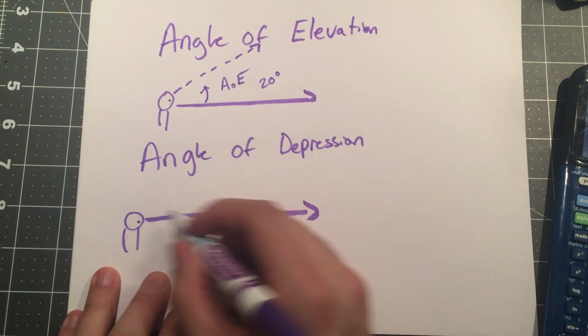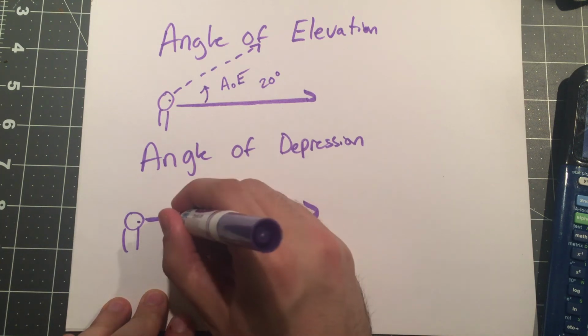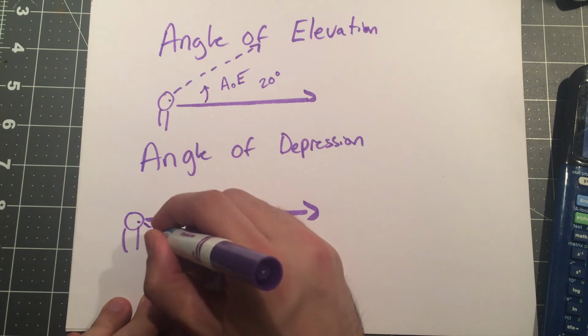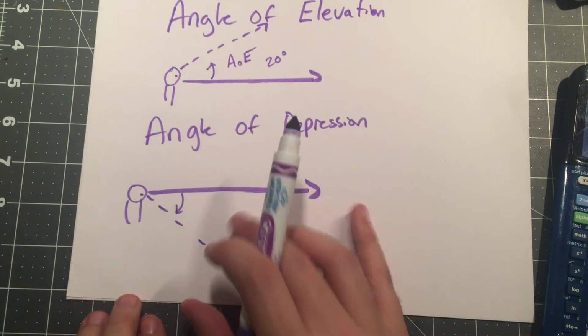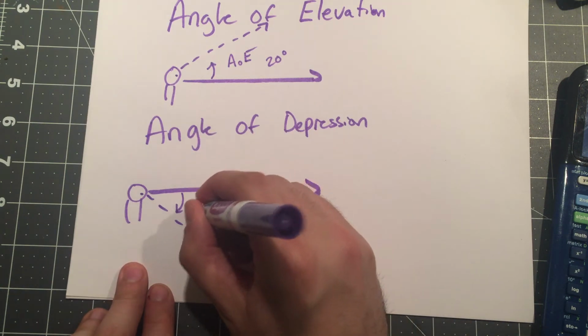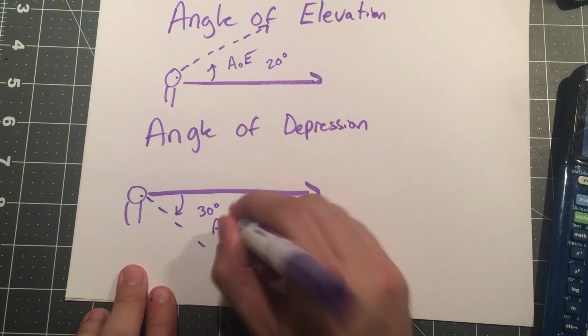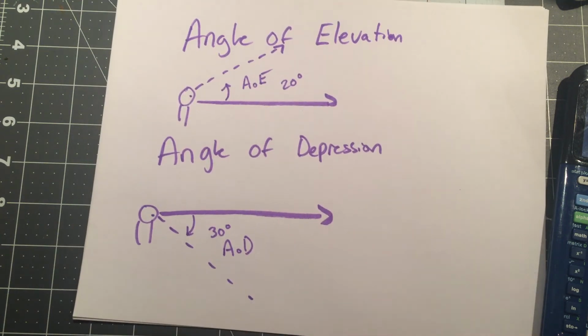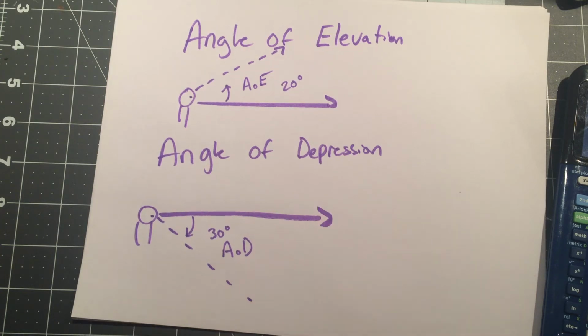Conversely, angle of depression is you're taking your eyesight from horizontal and you're going down. So for example, maybe you're on the Eiffel Tower and you're looking at the people walking around. Maybe you have an angle of depression of 30 degrees. Angle of elevation and angle of depression are just 2 ways to talk about how we find angles in the real world when we're using our space that we like to use to understand how things are going.